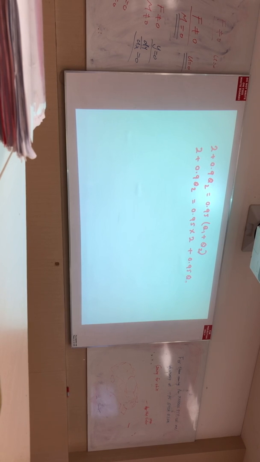Then after that I get 2 minus 0.95 times 2, which is 0.1, equivalent to 0.05 Q2. Then 0.05 Q2 is equivalent to 0.1, so Q2 becomes 2 cubic meters per hour. Okay?